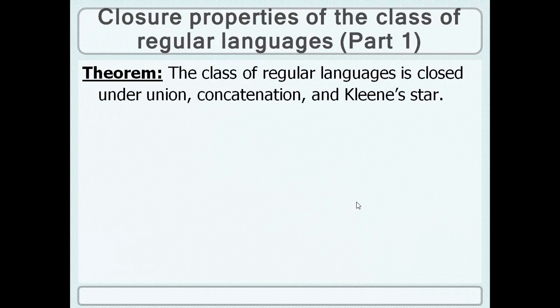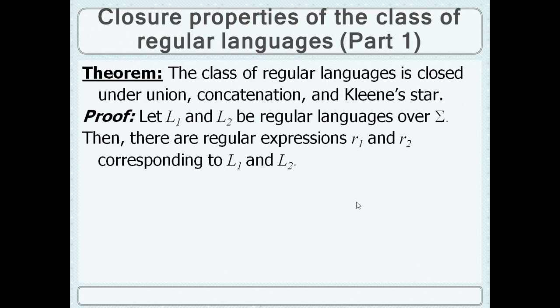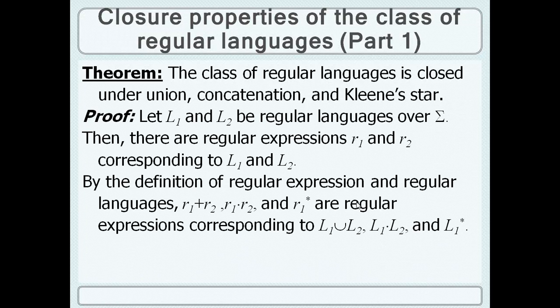Now we'll go to the closure properties of the class of regular languages. Theorem: the class of regular languages is closed under union, concatenation and Kleene closure, or Kleene star. For the proof, we'll take L1 and L2 to be two regular languages over sigma.